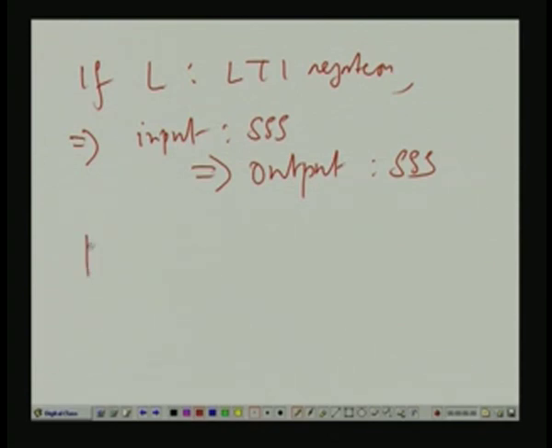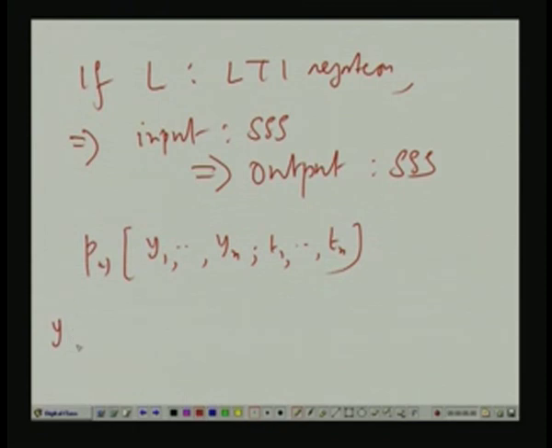Say we are trying to find out this joint density of y1, that is y of t1, dot dot dot, yn, at t1 dot dot dot tn. What is y1? That is y at t1, and y at t1 is L of x t1.